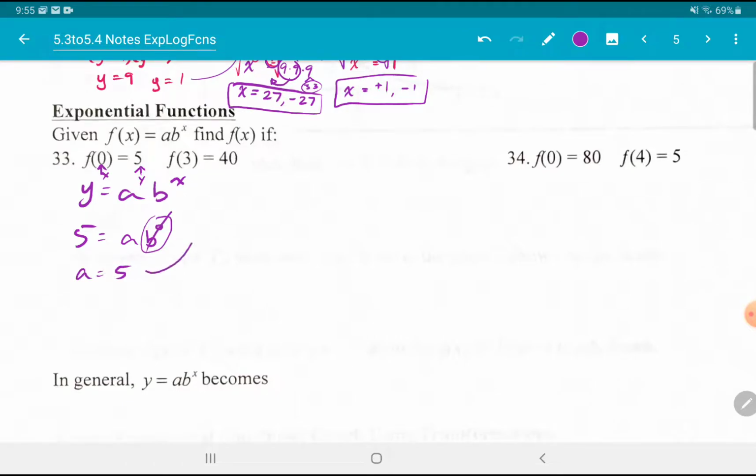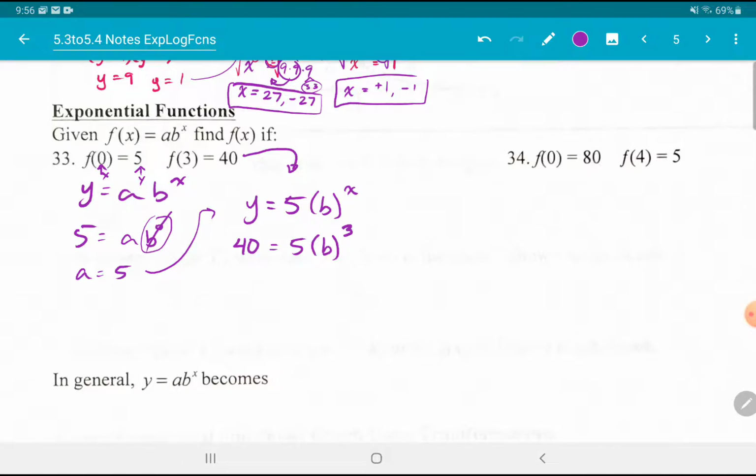If we plug that back into our equation, we can say that y is now equal to 5 times b to the x power, and now we're going to plug in our second point, where we know y is the value of 40, that's our output, and b is the value that we're trying to find, because the 3 represents the x value.